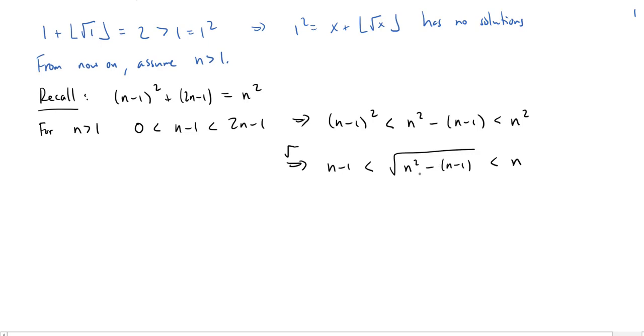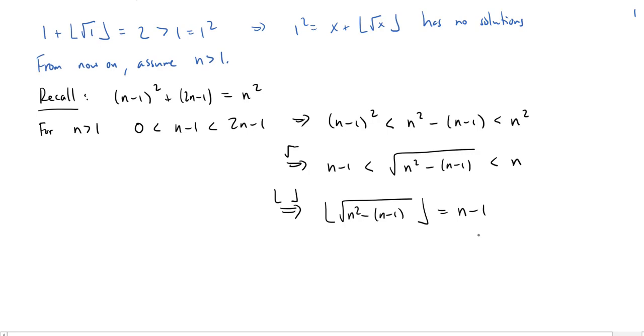And so if I take the floor function of this number in the middle, it's smaller than n, but it's bigger than n minus 1, so the floor will be n minus 1. n minus 1 is the largest integer which is less than, not even less than or equal, but less than this number in the middle. So the floor of the square root of n squared minus n minus 1 is equal to n minus 1.